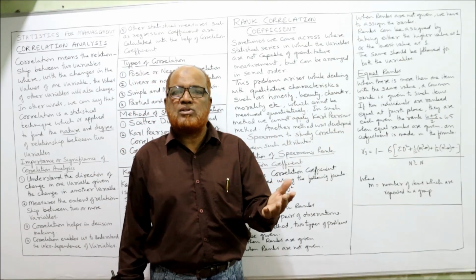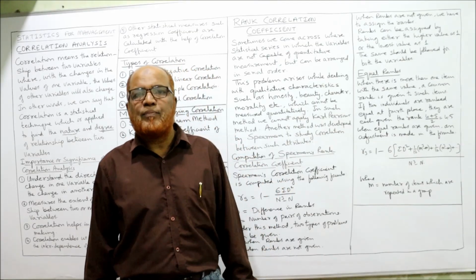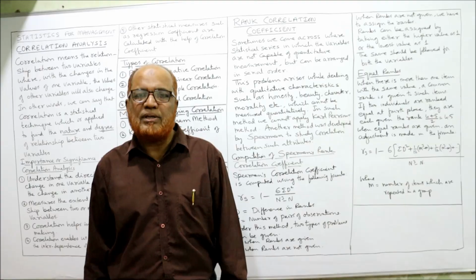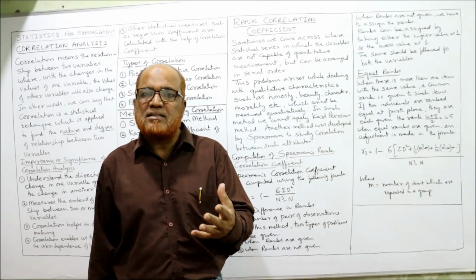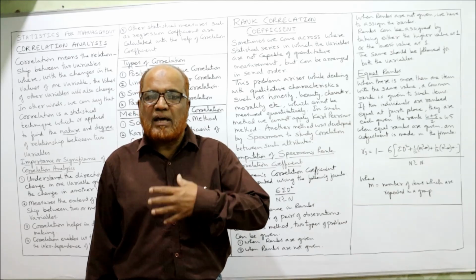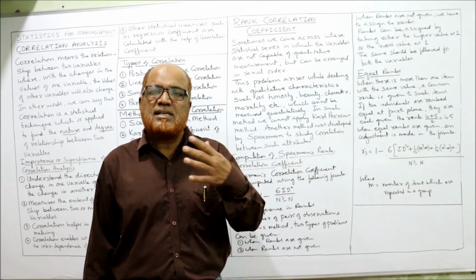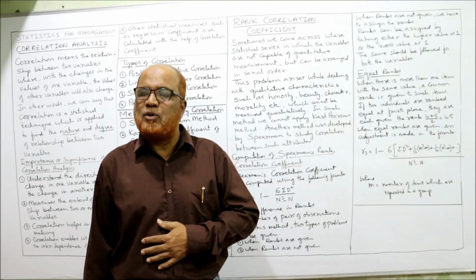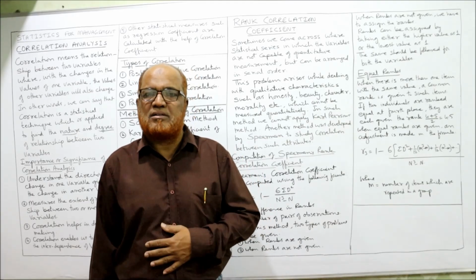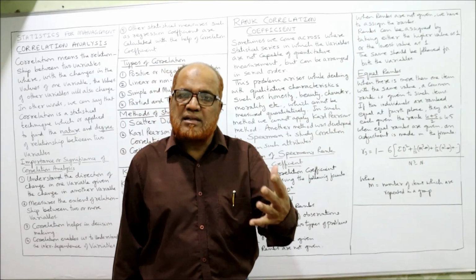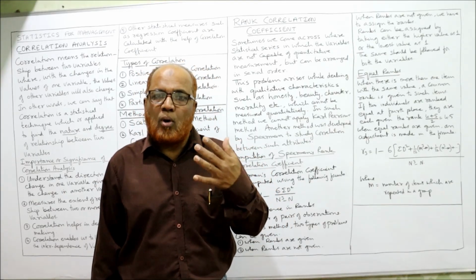Examples of variables which are not measurable are honesty, beauty, efficiency, morality, and character. These are the items which we can feel. For example, we can see that a person is beautiful, honest, efficient, has good character, or has good morals.